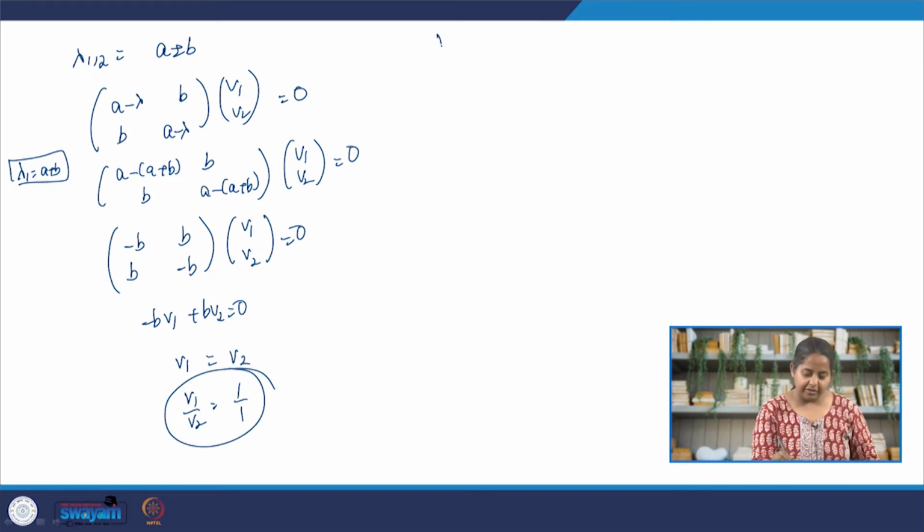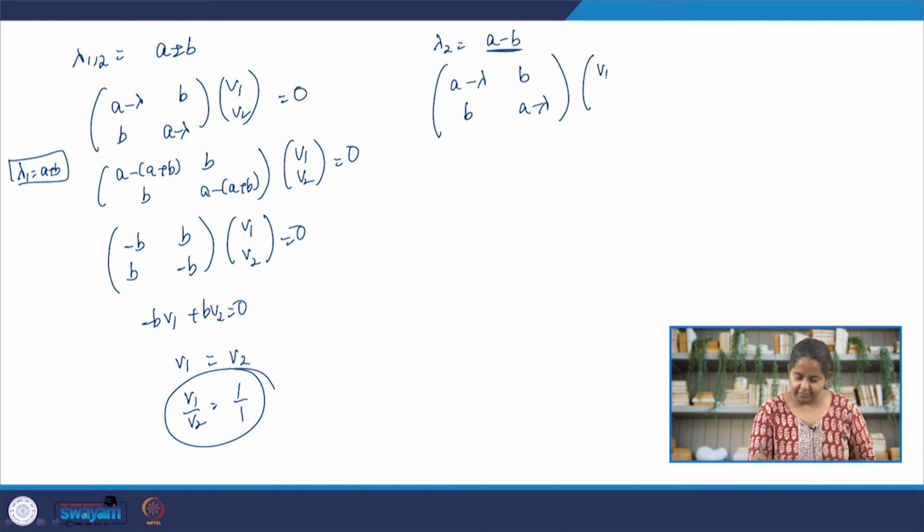Now let's look at what happens for the second eigenvalue. Lambda 2 is equal to a minus b. So we are going to substitute the lambda 2 value in this.